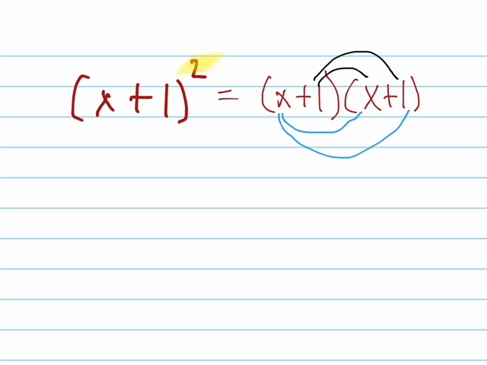I'll also highlight what I'm doing. I'm multiplying x and x right now. What does that equal? Does anyone know? X times x. Very good. Very good. X squared.